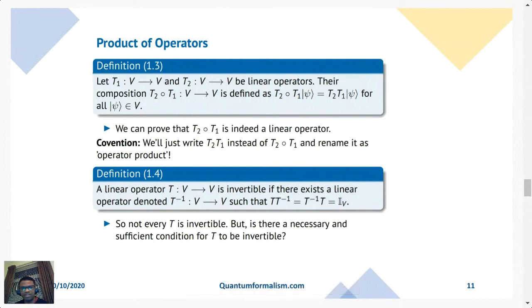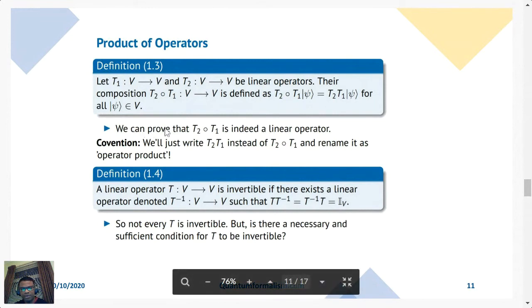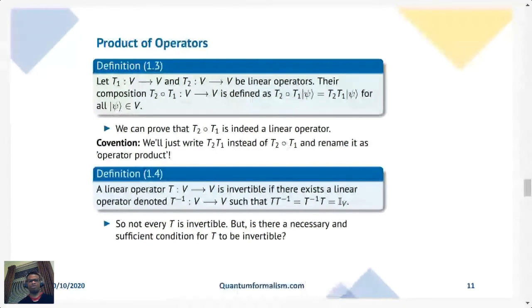Okay? I leave it as an exercise for you to prove that the composition of two linear operators is also a linear operator. And as a convention, instead of writing this circle, we'll just write T2 T1 like a product. We'll call it a product operator instead of composition, because composition is more suitable for a plain set without structure on it.